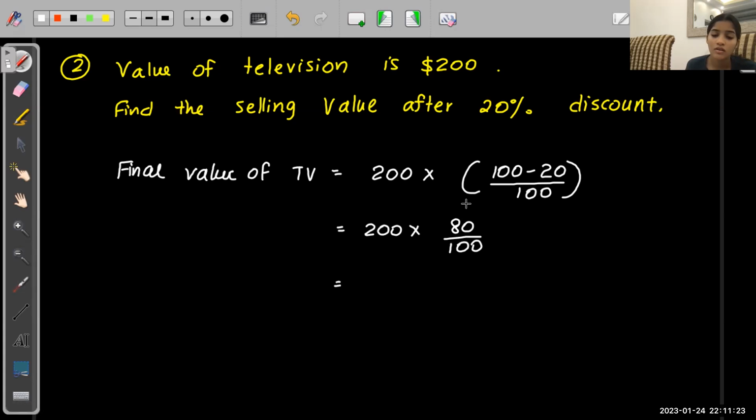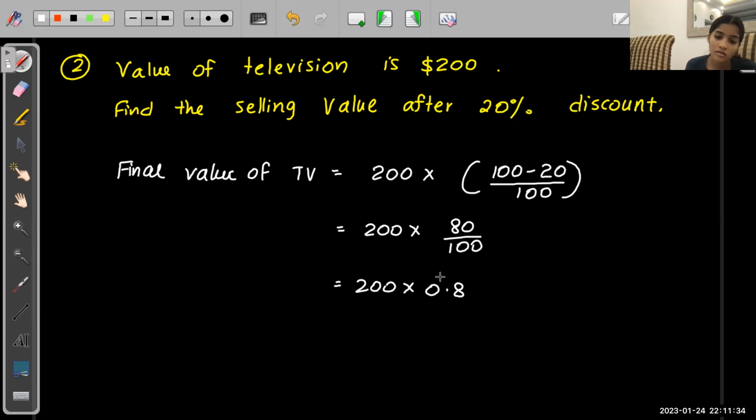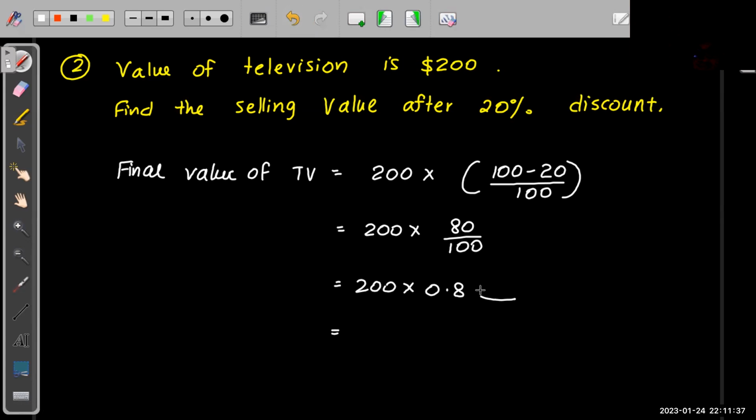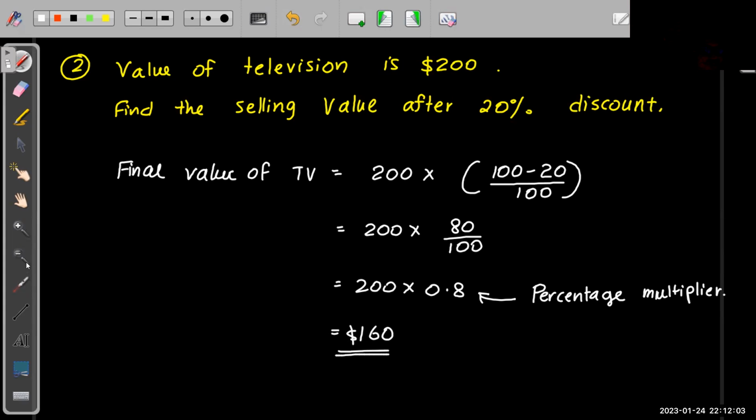Right? Yeah. So this you call percentage multiplier, which is 0.8. This 0.8 you call percentage multiplier. So what is the value when you multiply by 0.8? Okay, so 200 times 0.8 is 160. That's another method of doing this. Let me show you.